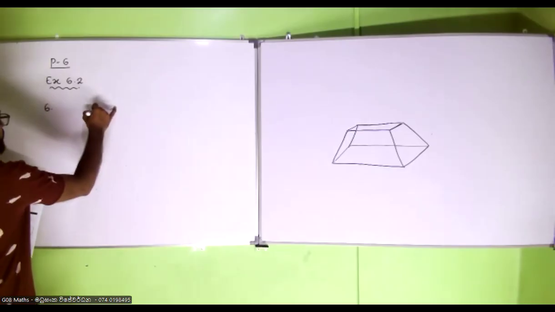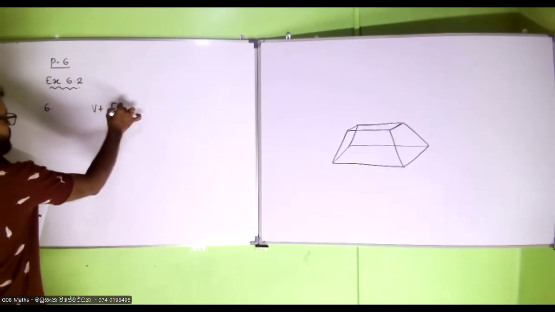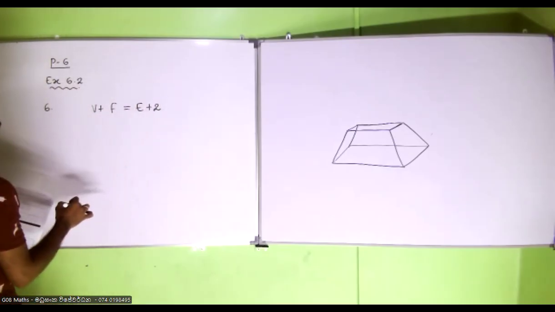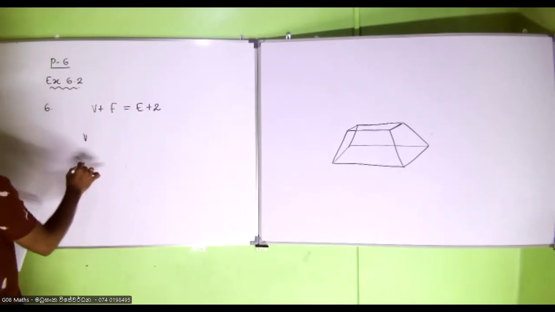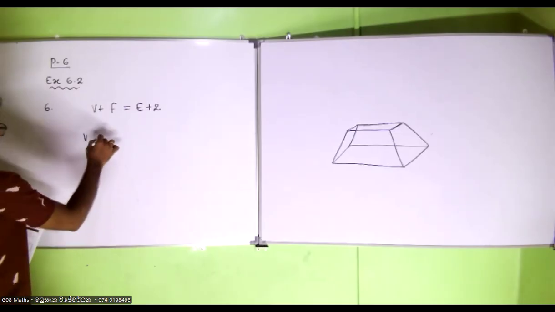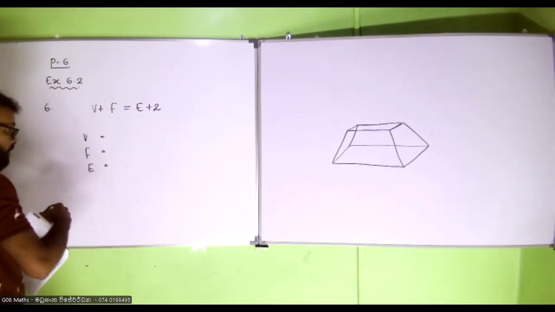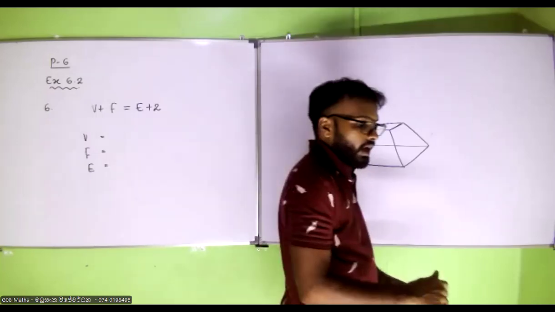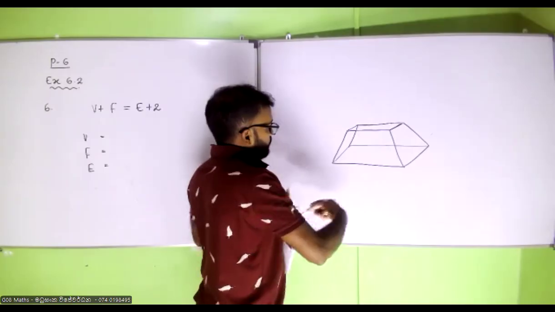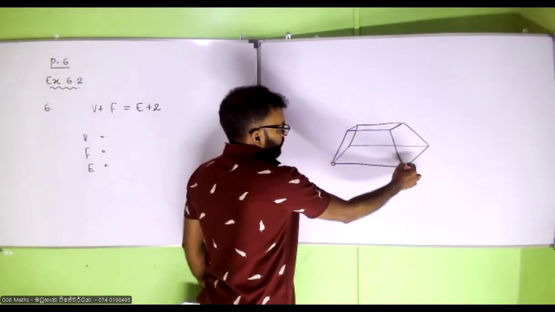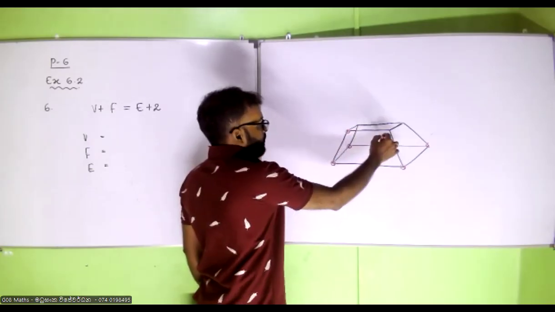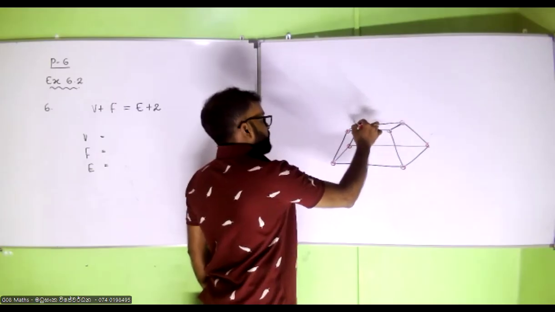First of all, I would write the Euler's relationship: V plus F equals E plus 2. I am going to find the number of vertices, the number of faces, and the number of edges. Number of vertices: I am going to count. 1, 2, 3, 4, 5, 6, 7, 8.